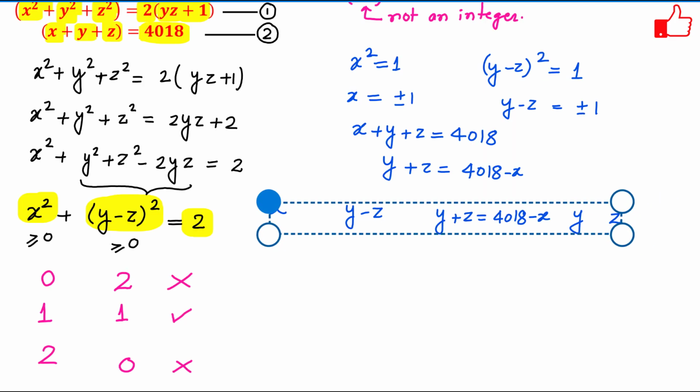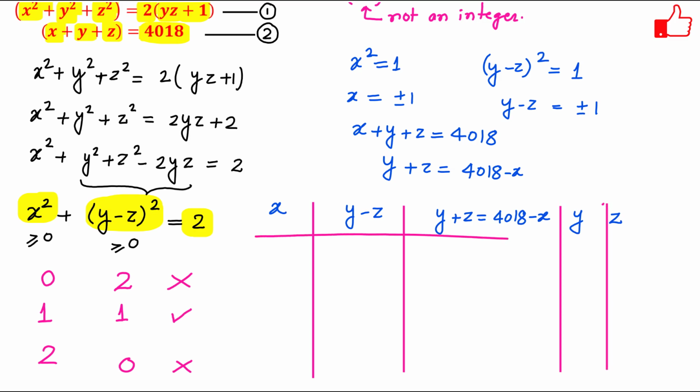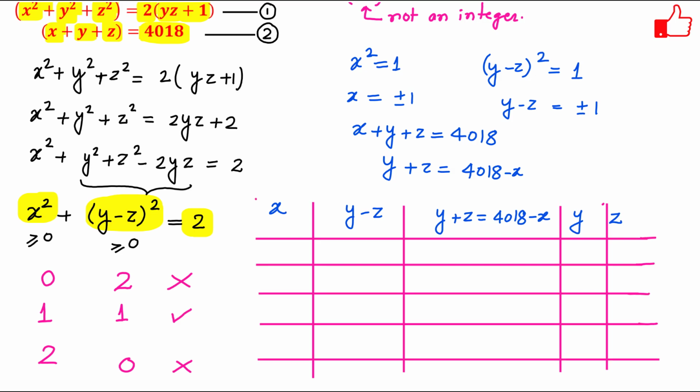So let us make a table and then things will be more clear. There are four possibilities. x can be +1, −1, +1, −1, and similarly y − z can be 1, 1, −1, −1. Since x = ±1 and y − z = ±1, there are four combinations possible.